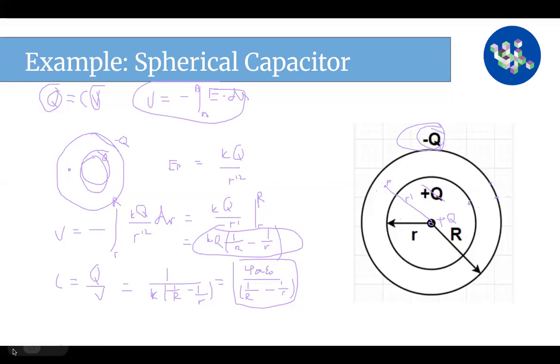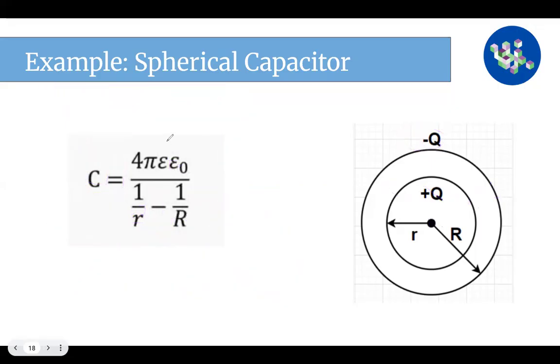So, 1 over small r minus 1 over big R. You can write it as this or the negative of this, as long as you get the idea: C equals Q over V, and just use the shell theorem.